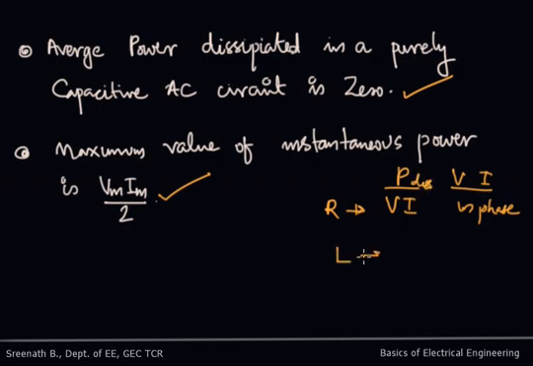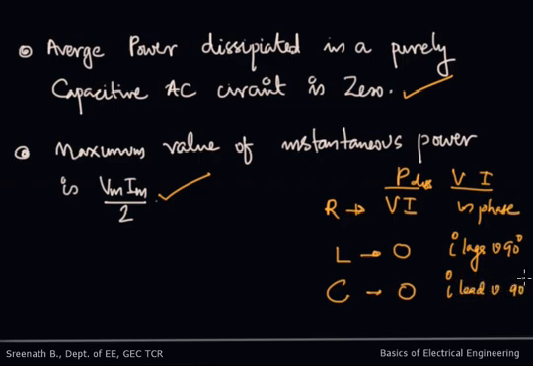So when you are having a purely inductive circuit, the power dissipated is 0, and current lags voltage by 90 degrees. So if you have a capacitive circuit, again your power dissipated will be 0 and your current will be leading voltage by 90 degrees or pi by 2 radians.